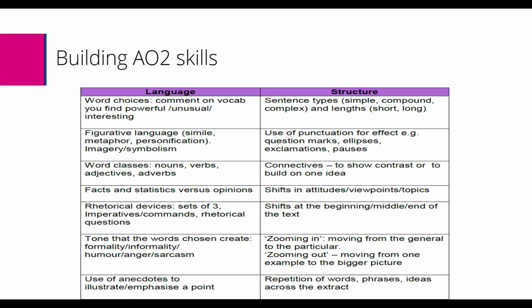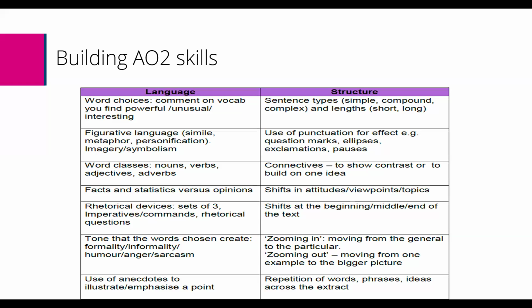So now we're going to just think a little bit about AO2 skills. This is not an exhaustive list, but it's just quite a useful slide that you could use in the classroom. And we're thinking about language and structure. Now, AO2 is on paper 1 as a specific question. It's question 4, but it's also assessed on question 1 in paper 2, where AO1 and AO2 are assessed.